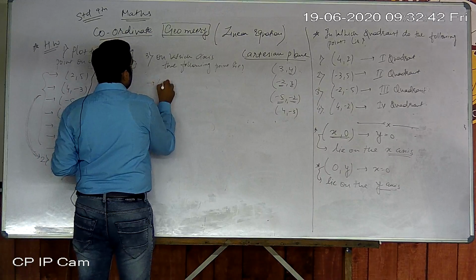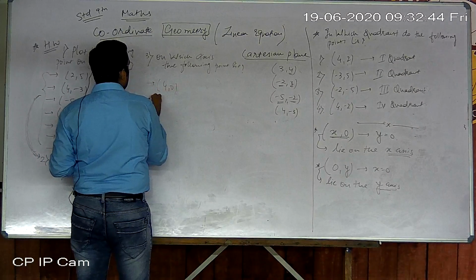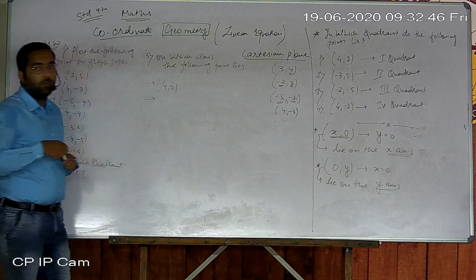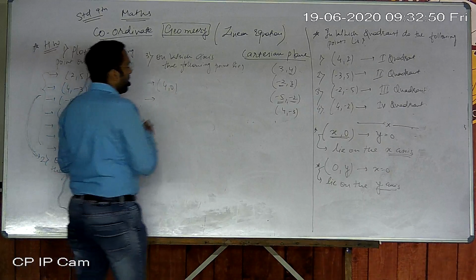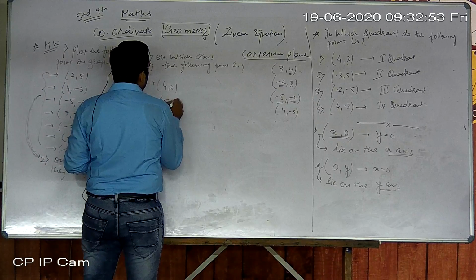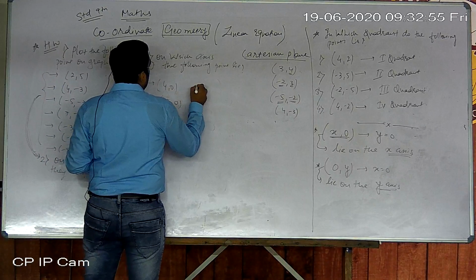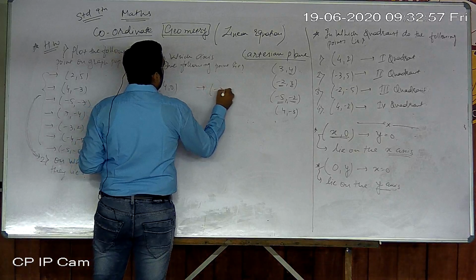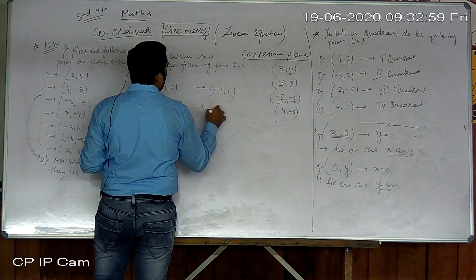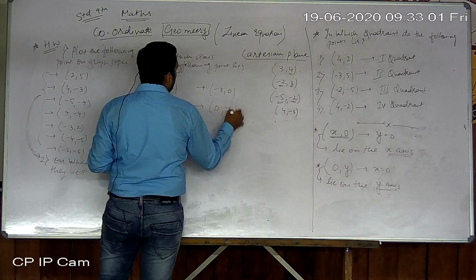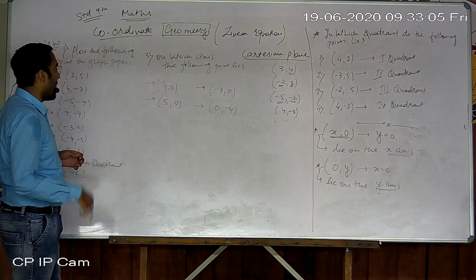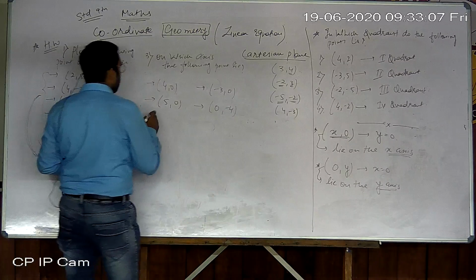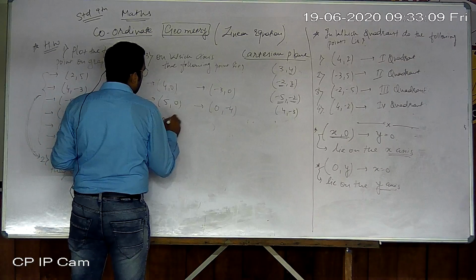That is, first 4, 0. Second is 5, 0. Third is -3, 0. Fourth is 0, -4. Fifth one is 0, 0.